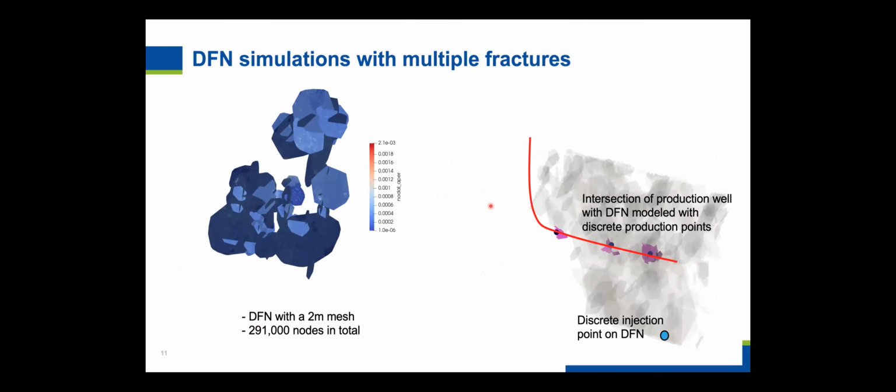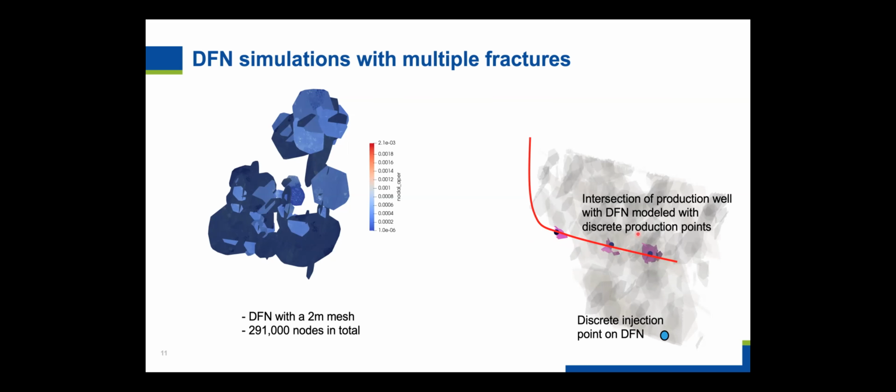When we consider production locations, the line of production can intersect with multiple nodes on the fracture planes. So in this process, we have also developed an algorithm that automatically determines where this line of production intersects with multiple locations in the DFN model.